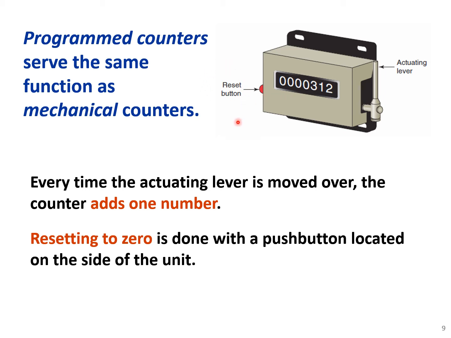And every time we wish to reset the number, we just need to press the reset button. Every time the actuating lever is moved over, the counter adds one number. Resetting to 0 is done with a push button located on the side of the unit.